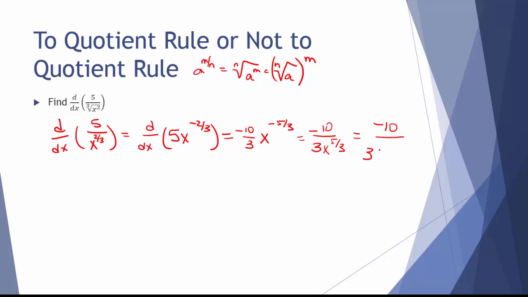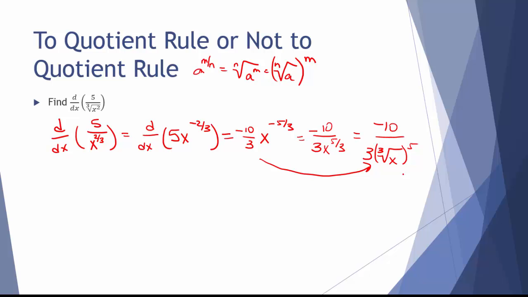So that'd be 3 times the cube root of x to the 5th power. You don't necessarily have to rewrite from here to here, but you're going to see it often in your book, in your solutions manual. When we start plugging numbers into these derivatives, we're going to need to know what it means to raise a number to the -5/3, for example. And all it means is to take the number, put it in the denominator, and then take the cube root of the number and raise it to the 5th power.